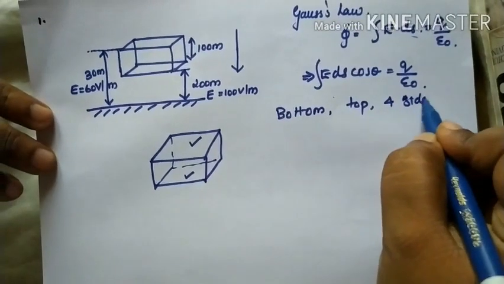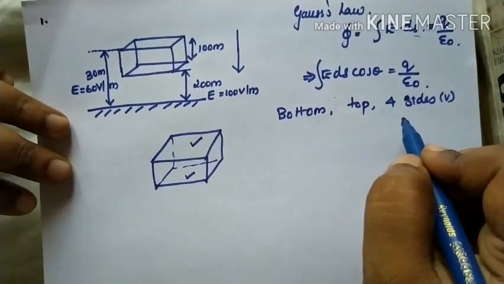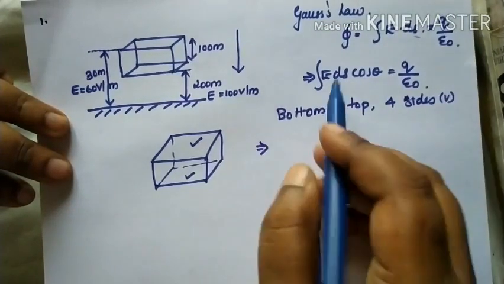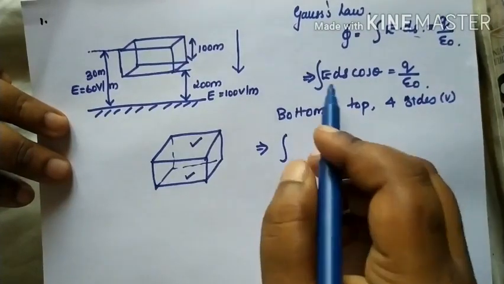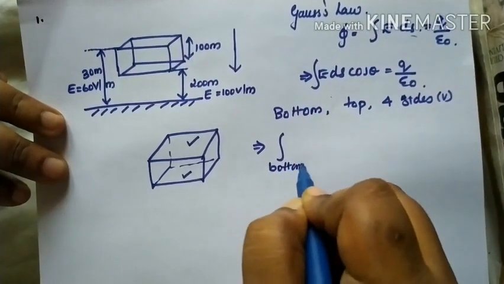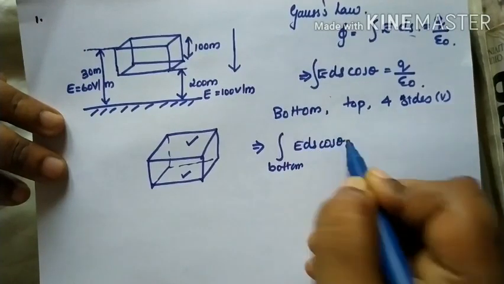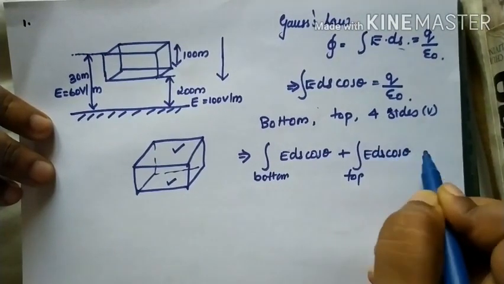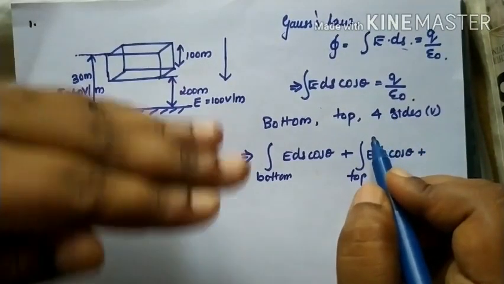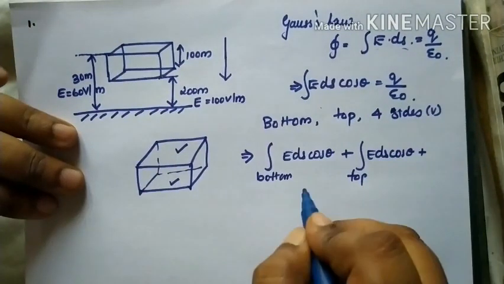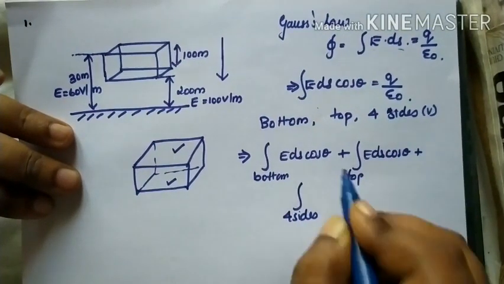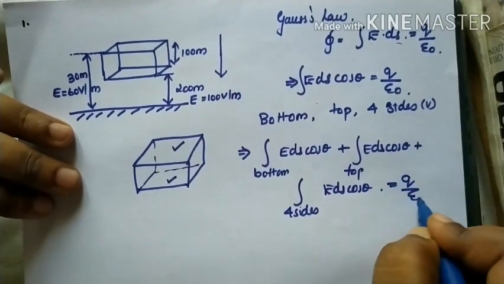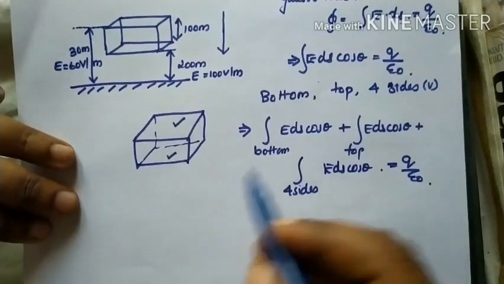If I go for this equation, I can split it for each side: integral over the bottom of E ds cos theta, plus integral over the top of E ds cos theta, plus the 4 sides, which are all similar cube sides, so I can write 4 sides E ds cos theta, is equal to Q by epsilon naught. This much is clear. Now let's move on guys.